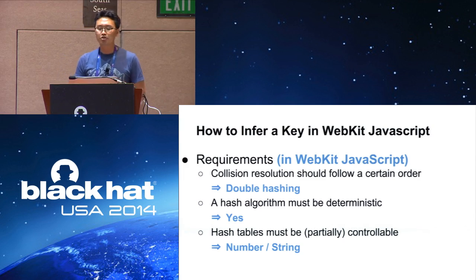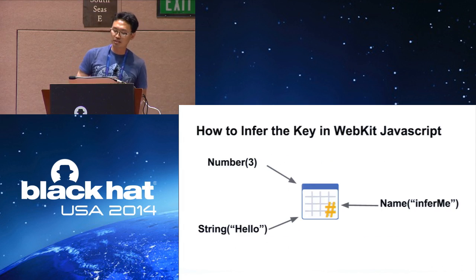And also, for controlling the table, instead of using the Name object, we can also put in a number or some other object like a string. Then we can always get the mapping between the key and the hash. So the problem becomes something like this.